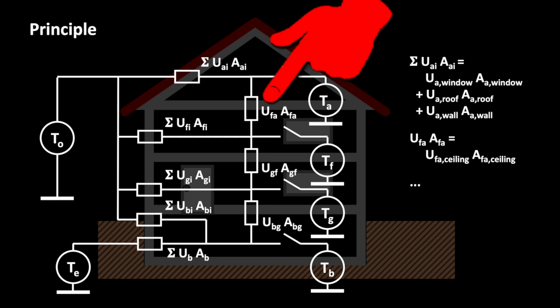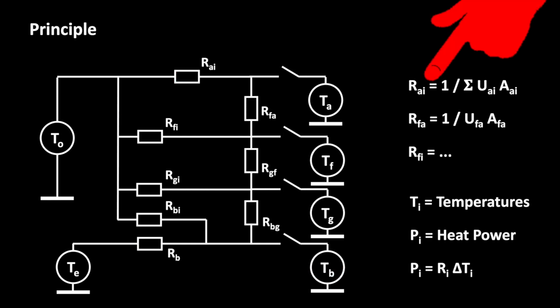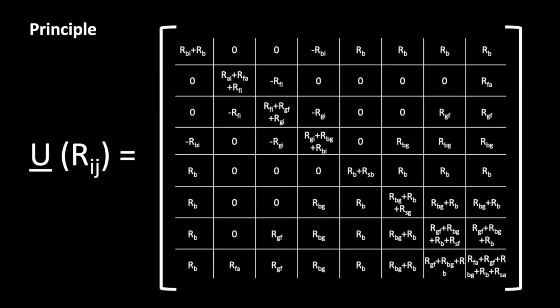This is physically and mathematically correct, but we have a problem with it for the numerical calculation, because we also have to calculate with the thermal resistance. The thermal resistance is the reciprocal of the thermal conductivity. As a result, some values in our thermal resistance matrix would go to infinity. No computer can work with that. What can we do now?